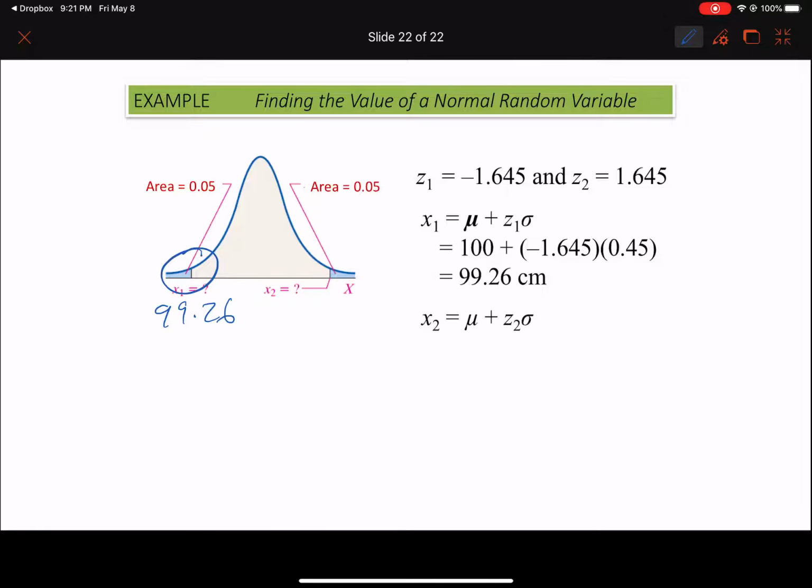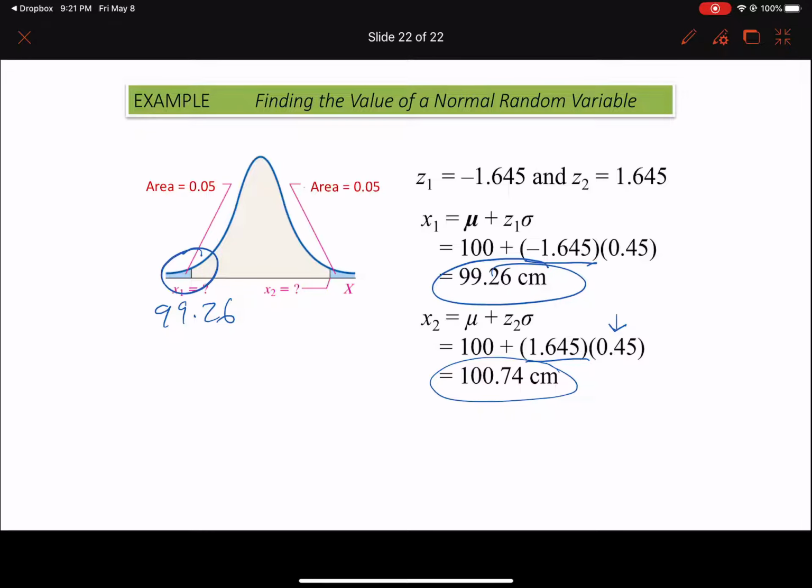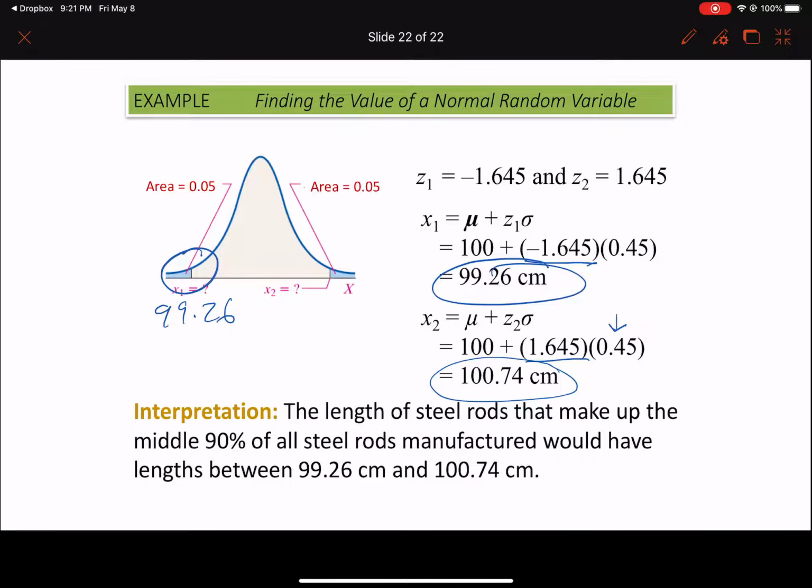One of them I subtracted, so this one should have been a subtraction. Oh, it's negative, never mind. Then I do it with the other side. Here's the positive 1.645 times 0.45, which was my standard deviation, and this is the upper. So we can see that all of the steel rods that make up the middle 90% are between 99.26 and 100.74 centimeters.